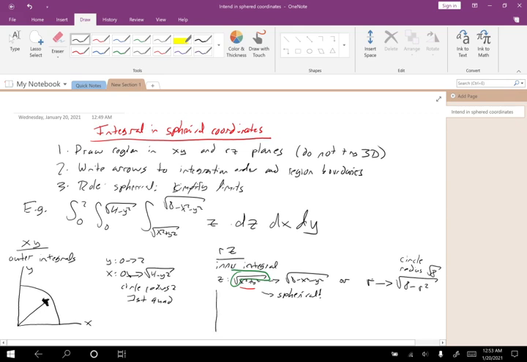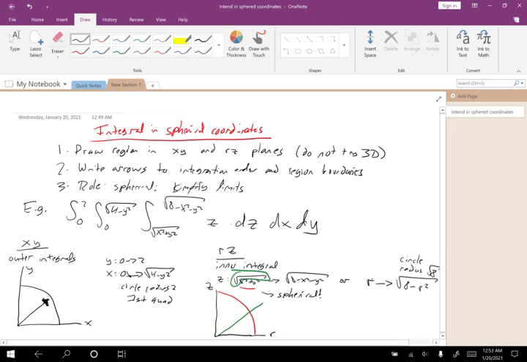And if we plot this now, we have our circle of radius square root of 8, and then we have our lower curve, which is just r.